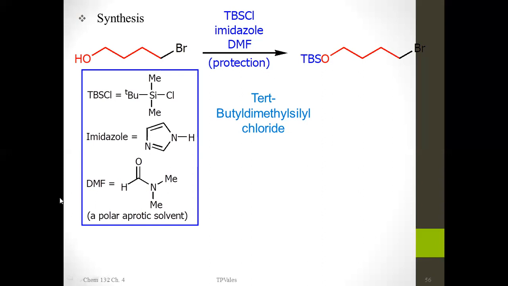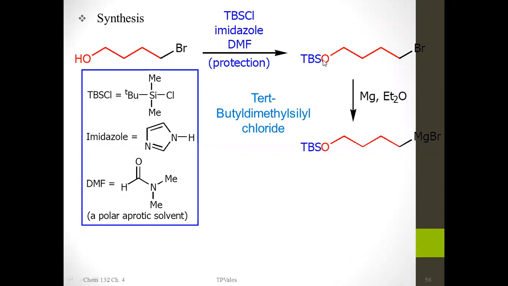In the presence of a solvent, rather, DMF is a dipolar aprotic solvent. So what happens is that you can protect this one, and what we get is tert-butyl silyl. Instead of chlorine here, the silyl group now reacts with oxygen to get this one.